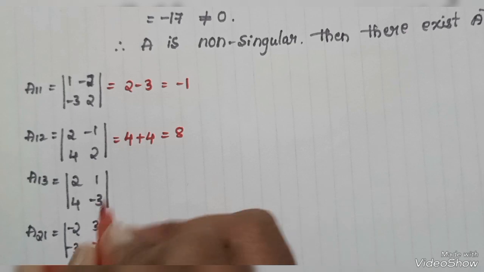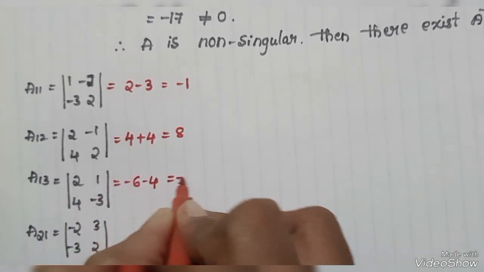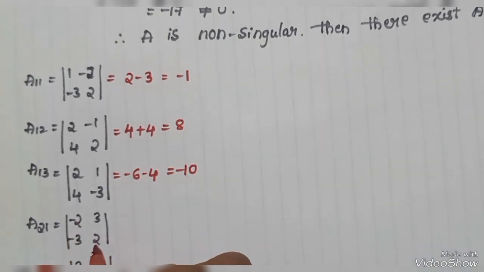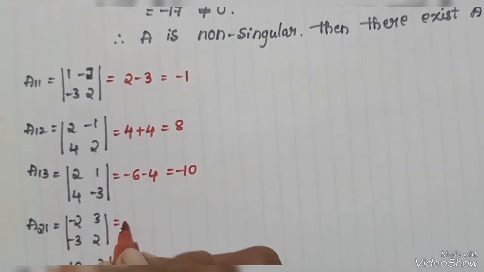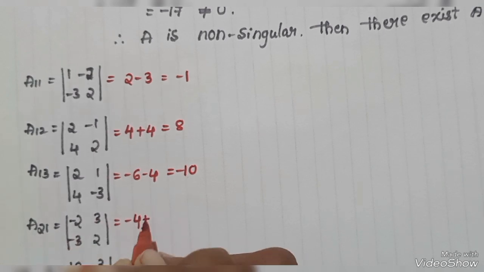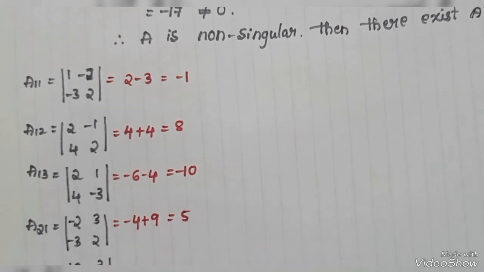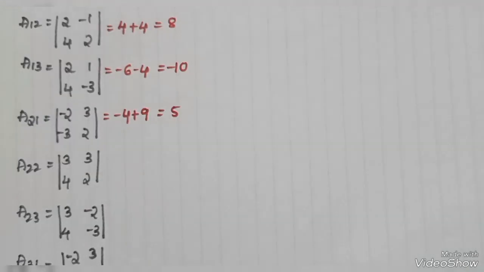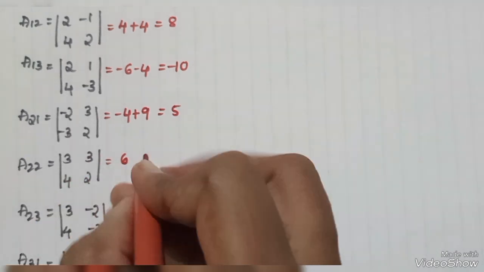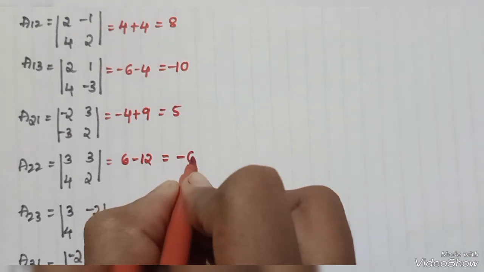Again 2 into minus 3, minus 6, 4 into 1, 4, it becomes minus 10. Again minus 2 into 2, that is minus 4, 3 into 3, 9, there is a 1 minus, that is plus 9, 9 minus 4, 5. Then 3 into 2, it is 6, 4 into 3, 12, then 6 minus 12, minus 6.